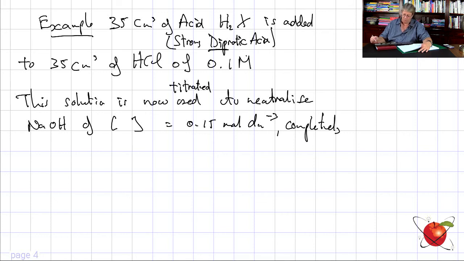We use 50 centimeters cubed of the NaOH.